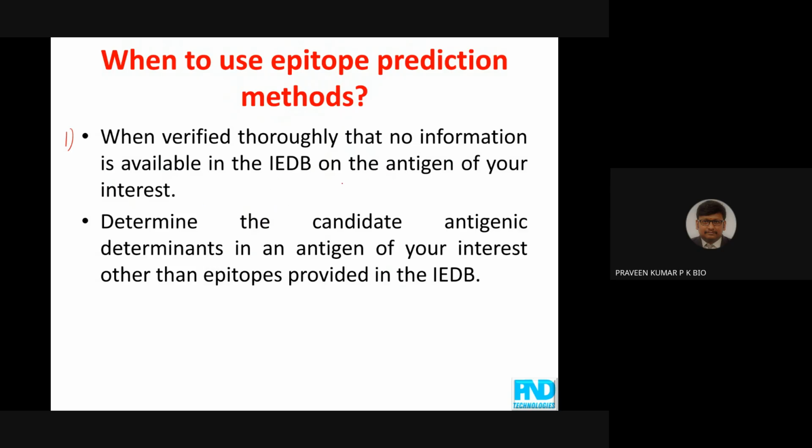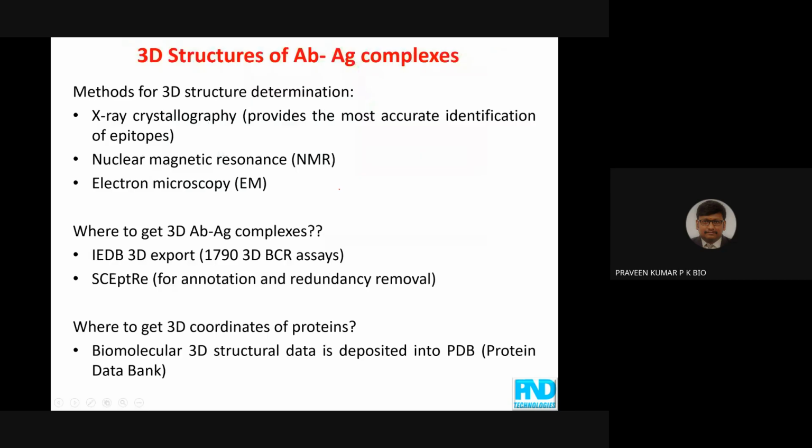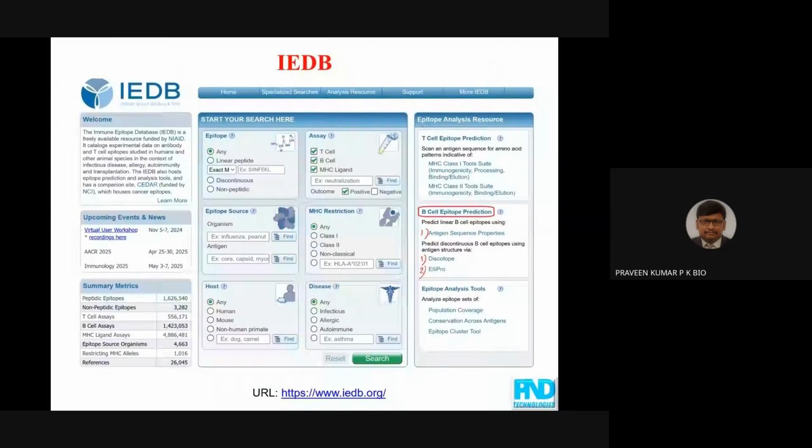If you want to search an antigen in IEDB, you can search here. There are assays, and here we have MHCs. Whatever organism you want, we can provide here, and whatever antigen you want, we can provide here.